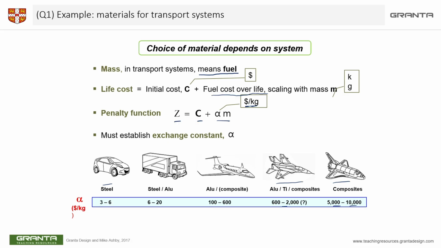with the transport systems. And therefore we basically have to satisfy both these objectives essentially, and we can define the exchange constant between these two objectives in the same way as I showed in the earlier example, by defining the penalty function z is equal to c plus alpha m. Now, in these cases, I can give you some numbers.